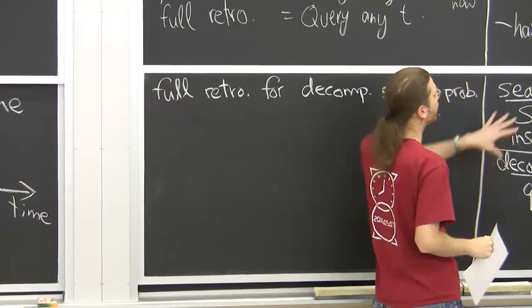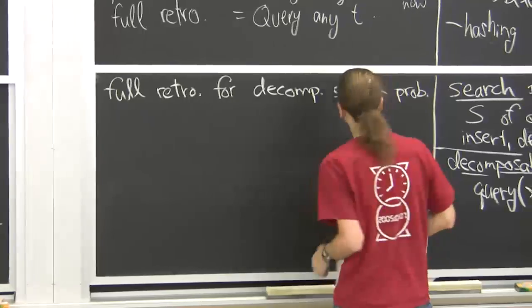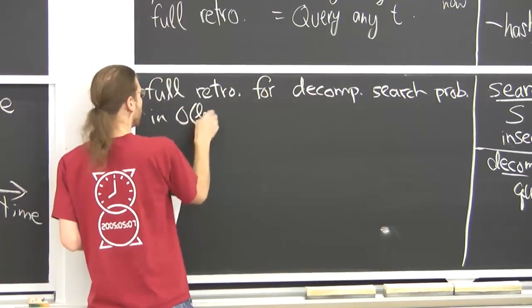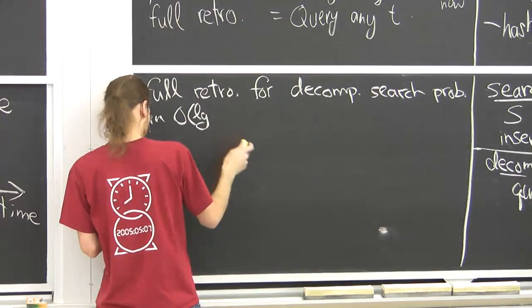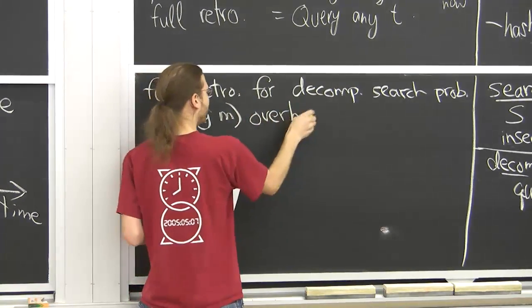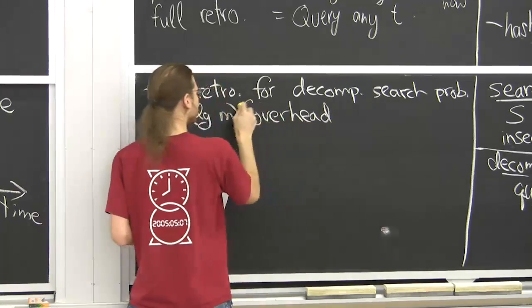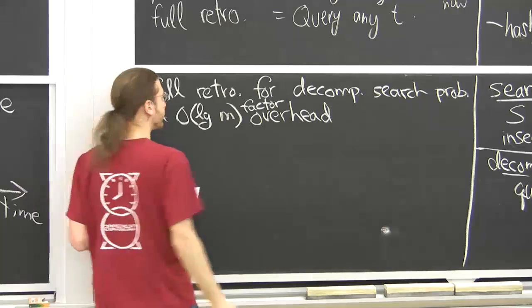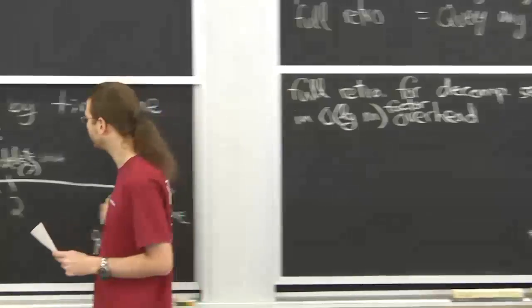Decomposable search problems are automatically commutative and invertible, so I don't need to write that constraint. In log, I have n here, but I think I mean m overhead. It's a multiplicative factor. M here is the number of retroactive operations you're doing, so it's the size of the timeline.